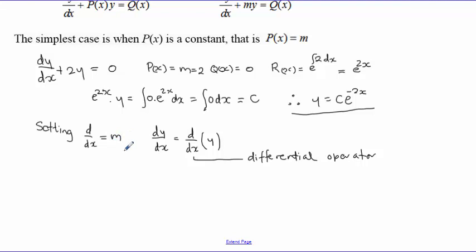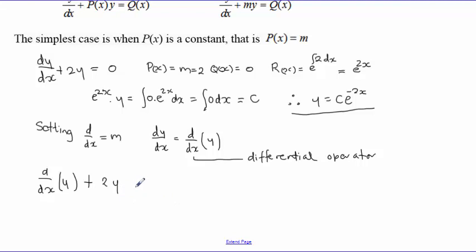If we do that, rewriting this equation would simply say d/dx applied to y plus 2y.